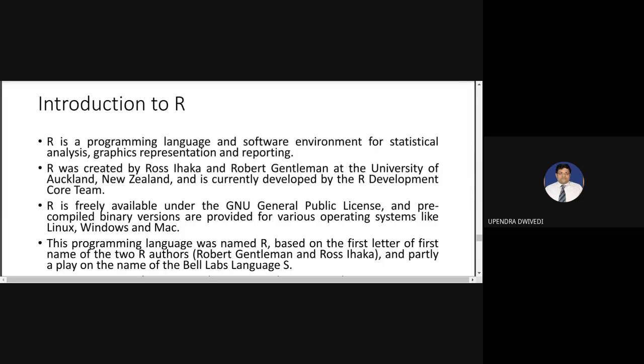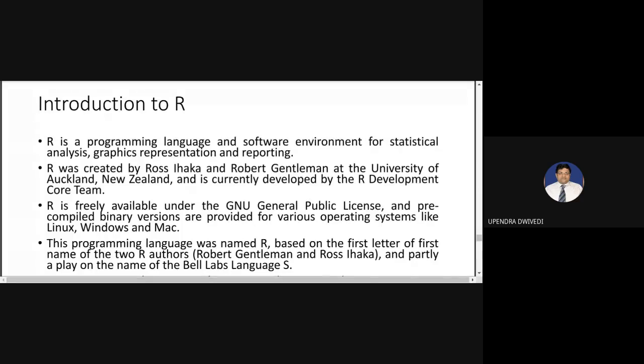For the most common operating systems, the R language is available. You can install software that provides the R interface and work on it. A common example is RStudio, which you can install to work with the R programming language.